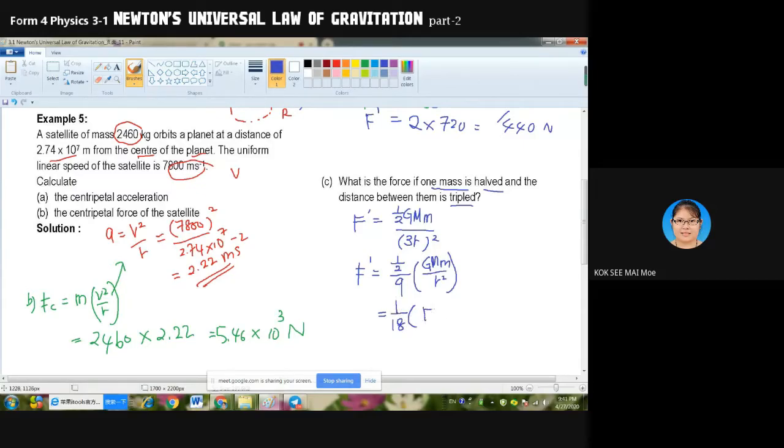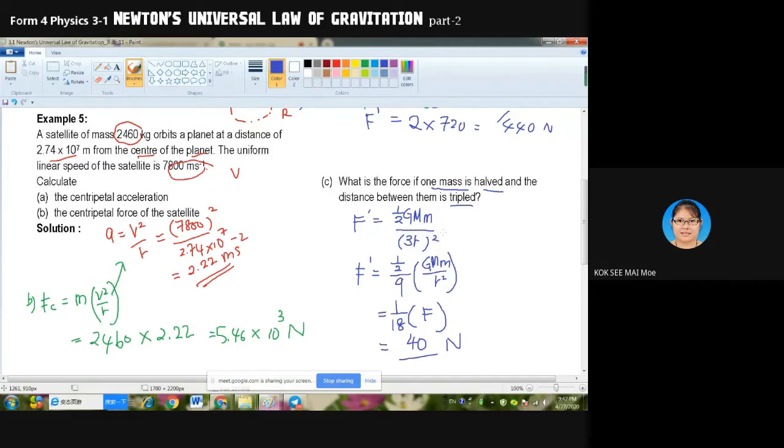And this one actually is my original F. Yeah, you can see or not? Finally, how many Newton? 40. So you see, when my mass becomes half and my distance is triple, 3 of the R, I find my force drops already.